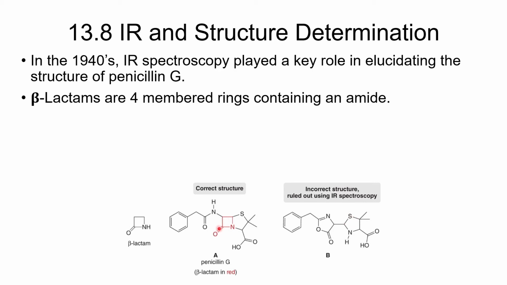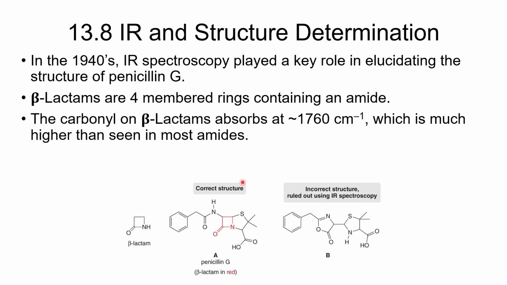Turns out that, and we'll talk about this in a later chapter, when you have carbonyls that are in a strained ring like this, those carbonyls end up having a higher frequency, and so they'll have a higher absorption. So the carbonyls on the beta-lactam are about 1760, that's higher than you get for most amides.